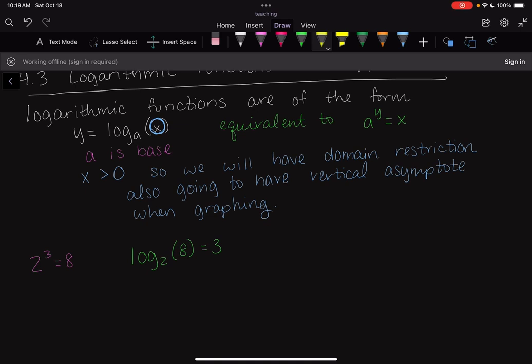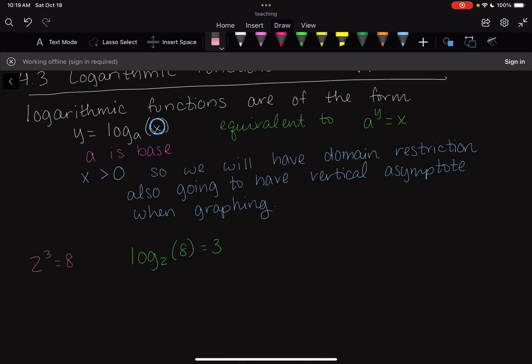Pretty much what you're saying here is that the exponent you would put on 2 for it to become 8 would be 3. So something you'll hear me say a lot is that logs are equal to exponents.